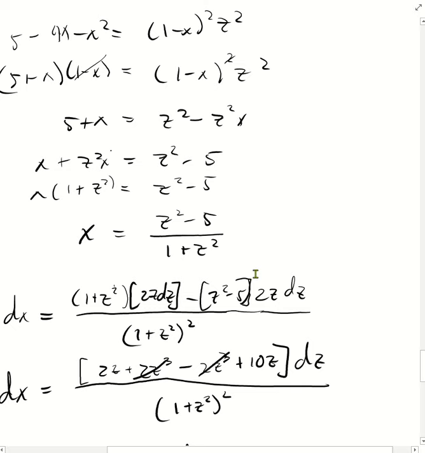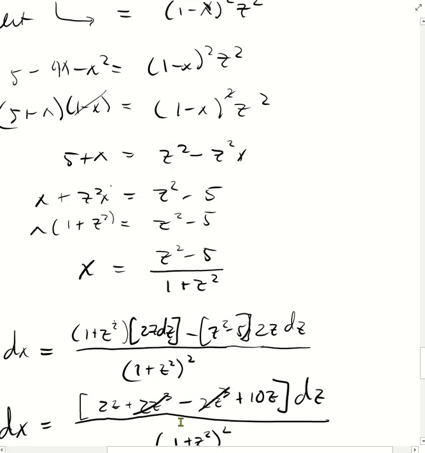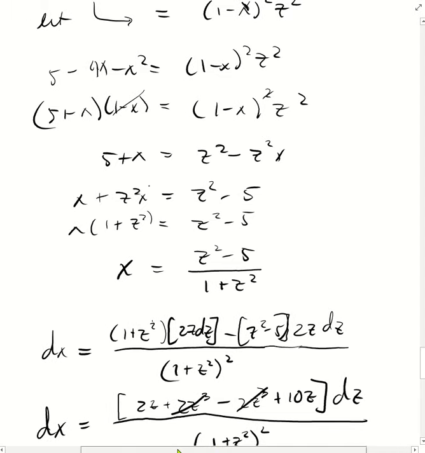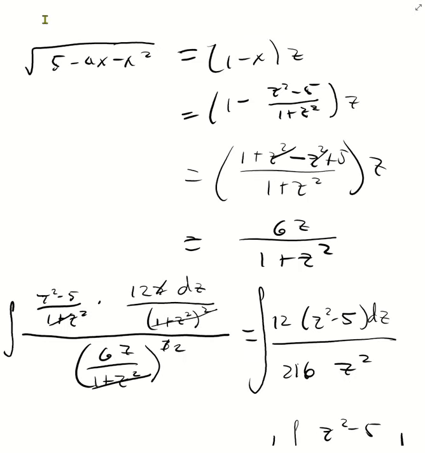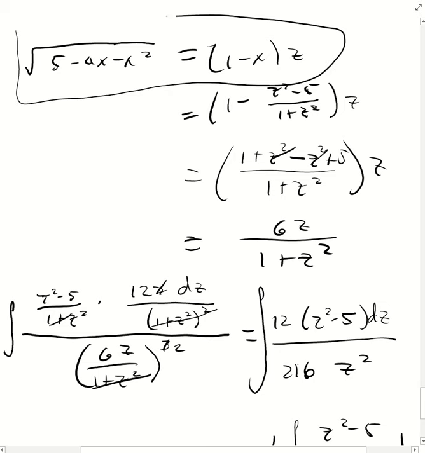So z from here will be equal to this one here. Z equals square root of 5 minus 4x minus x squared all over 1 minus x.